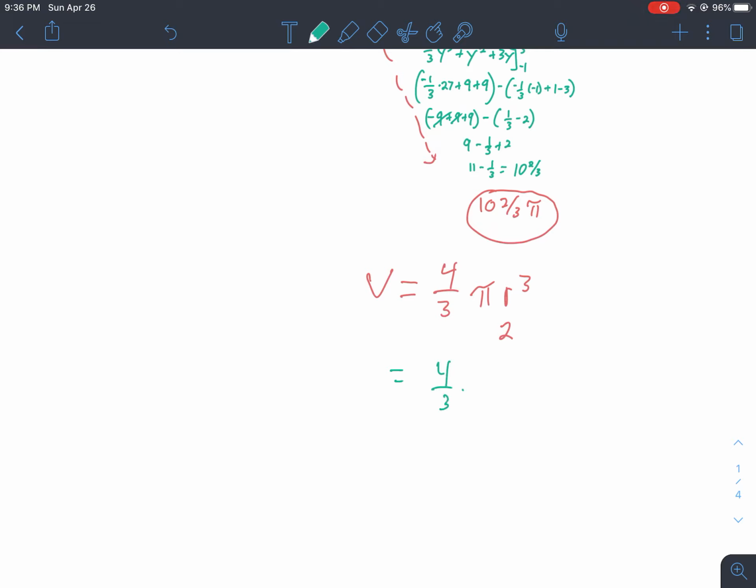So it's 4. I'm a little nervous, actually. 2 cubed is 8. 8 times 4 is 32 thirds pi. 32 thirds is the same as 10 and 2/3 pi.